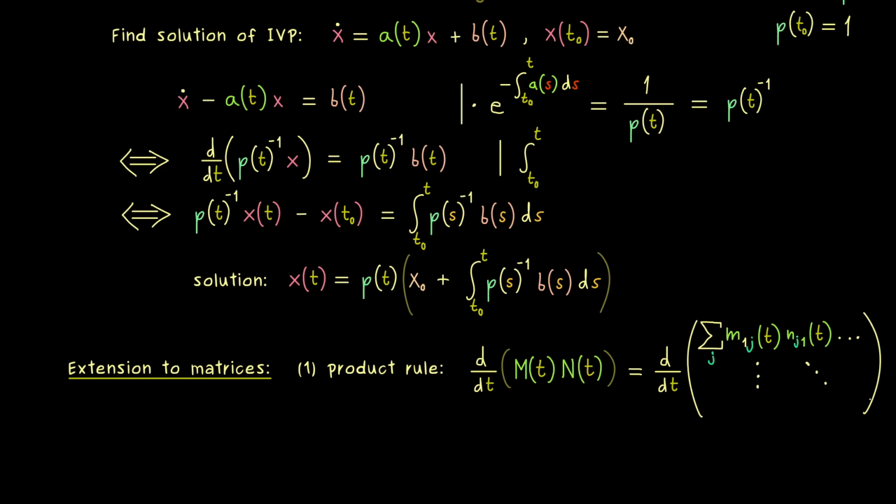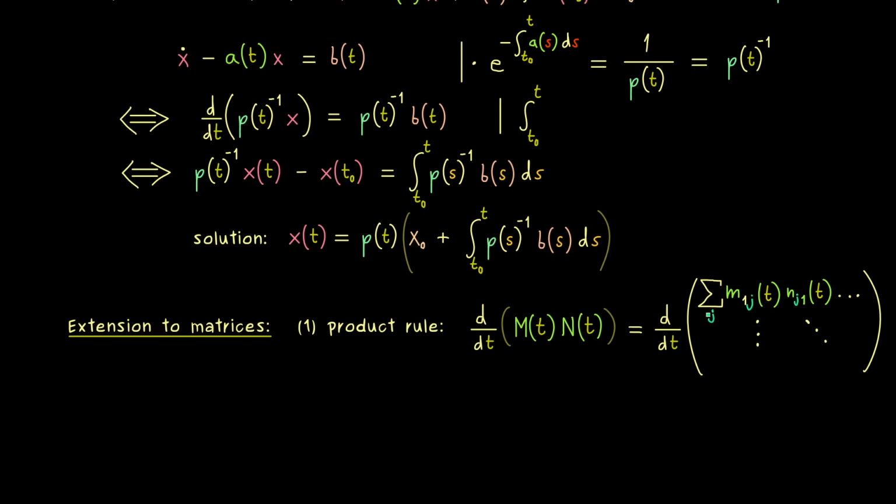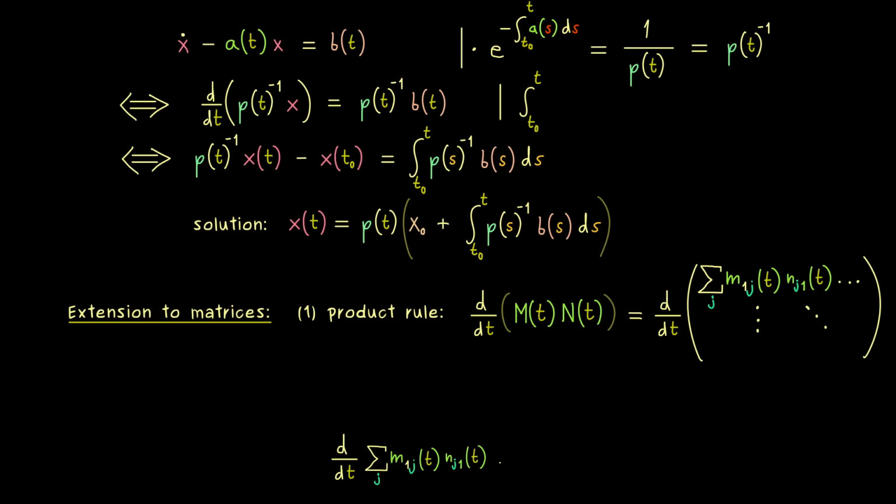So this means we just use the derivative in the component, and there we can use our ordinary product rule. Or to say it more precisely, we first use the linearity of the derivative to pull out the sum, and then we have the product rule inside. Therefore we have the whole sum and then inside a sum with two terms. And then the first one has the derivative on m and the other one on n.